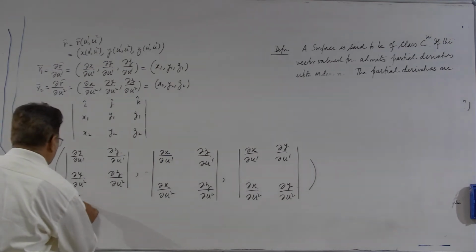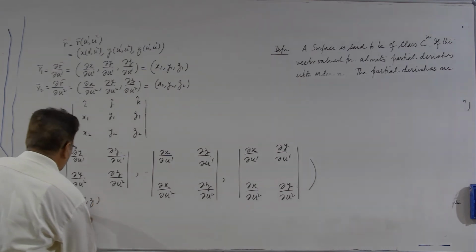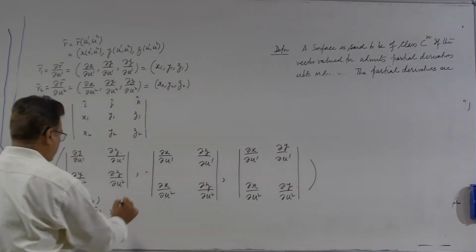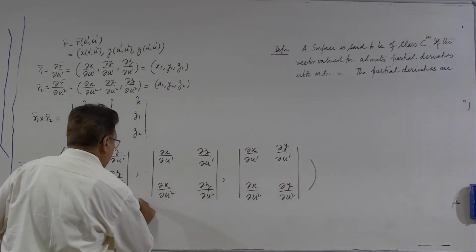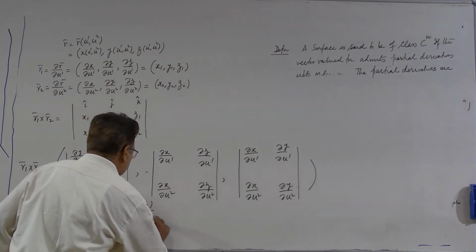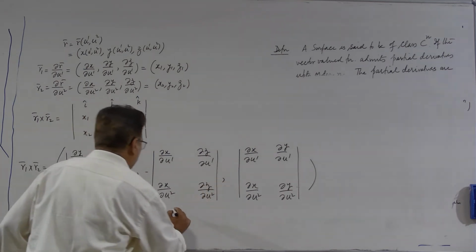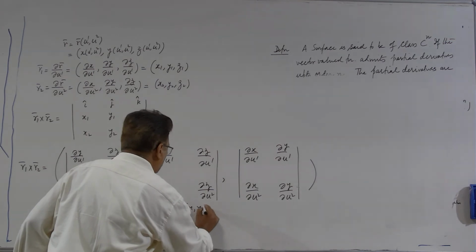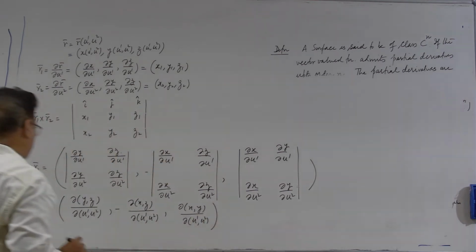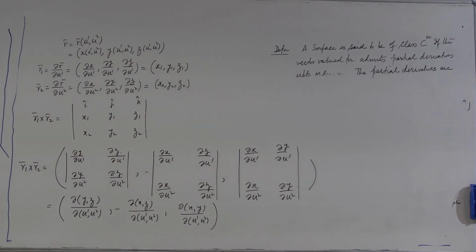We usually denote them by del y z upon del u1 u2, del x z upon del u1 u2, and the last one is del x y over del u1 u2. So, a point will be a regular point if at least one of the Jacobians is non-zero at that point. This is the conclusion.